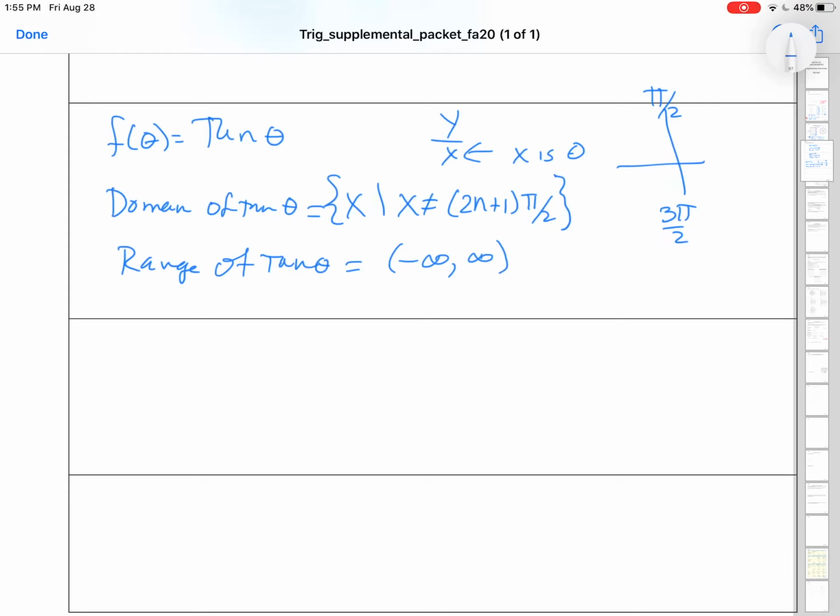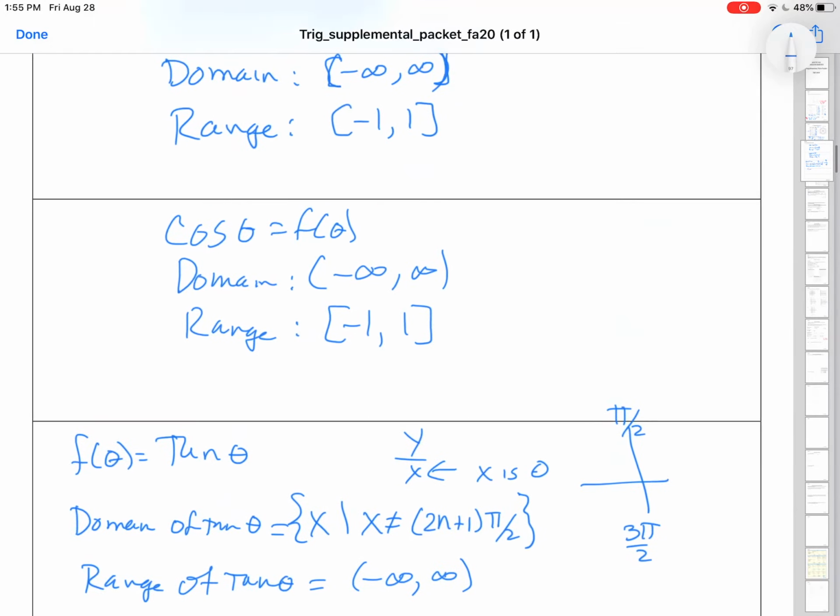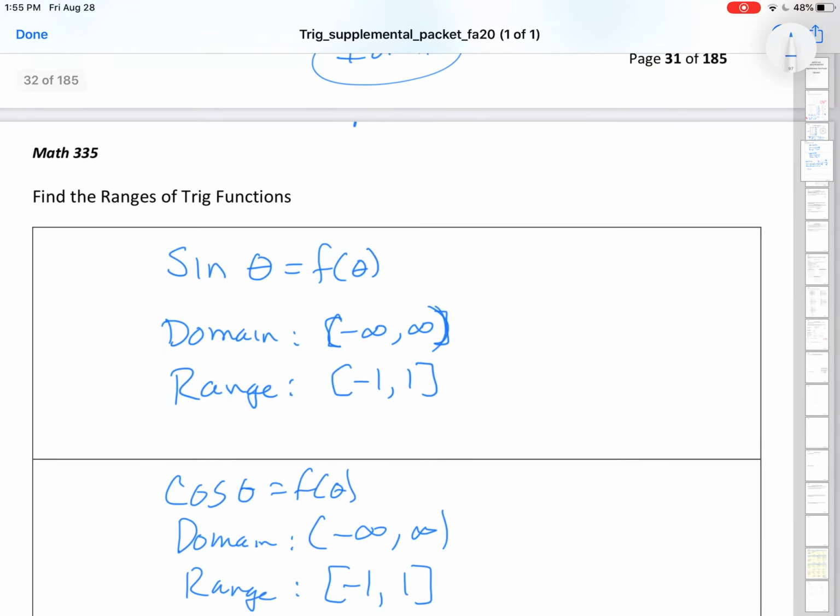And then if we quickly talk about the flips, the cosecant of theta, the flip of sine, actually maybe I can come back up here. The cosecant of theta, now this isn't the inverse function, right? This is its reciprocal function.